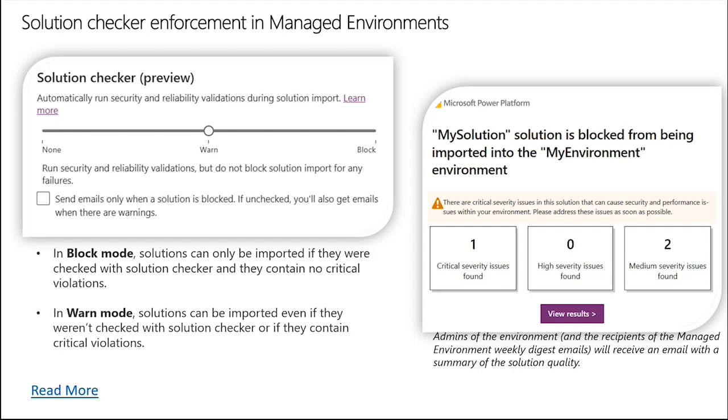You do have to use a managed environment for this feature, but once you're using a managed environment, you can configure the solution checker to be automatically run, and you can create that in a block mode where you can block the import of solutions if they run into any critical violations.